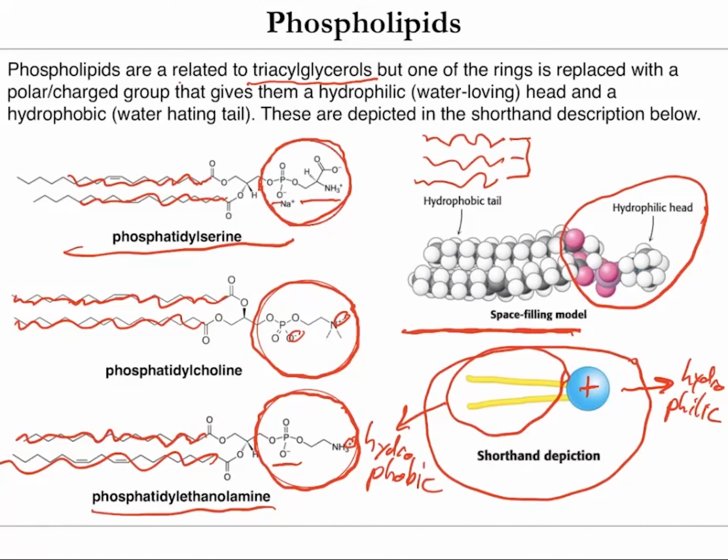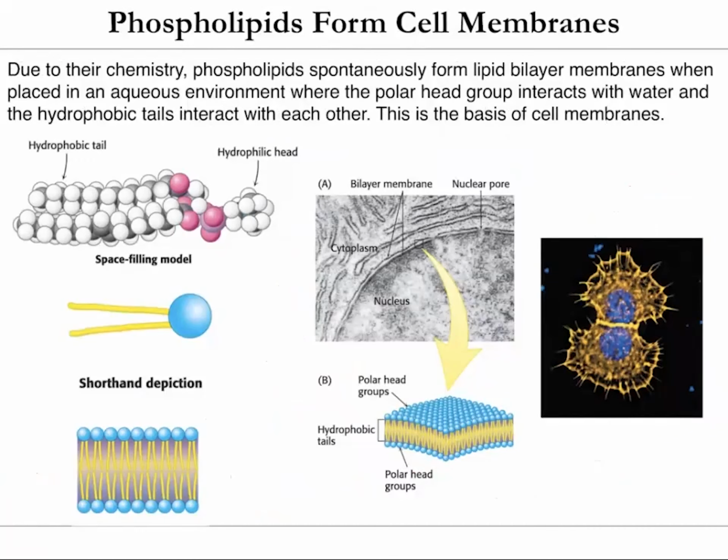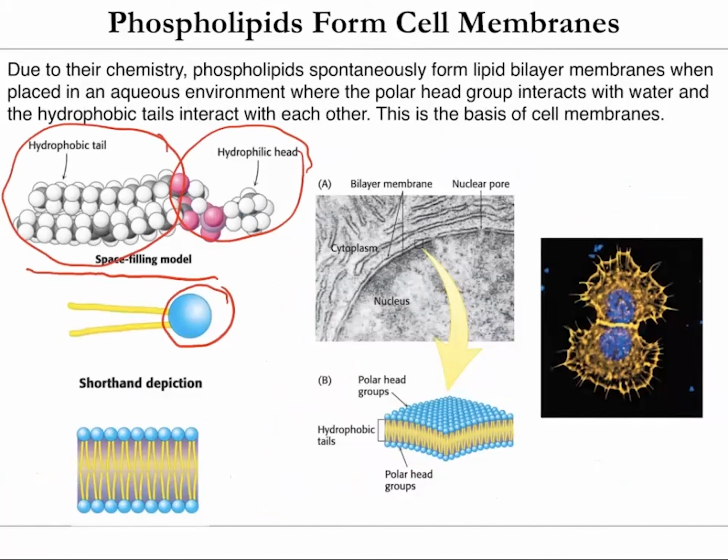So these are the phospholipids. And phospholipids are a really important component of cell membranes for the reasons I just told you. So they have this hydrophilic head and this hydrophobic tail that can be shown here.